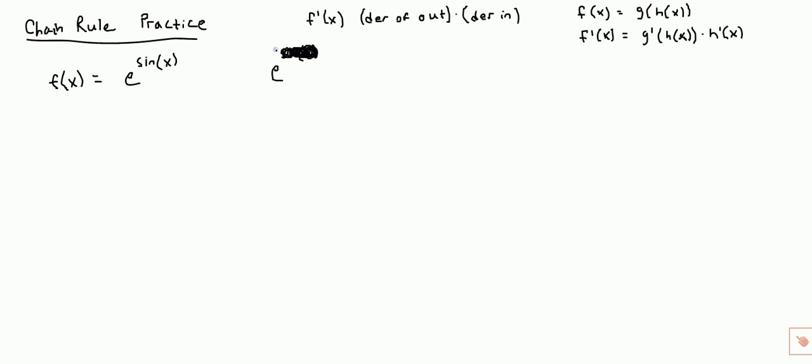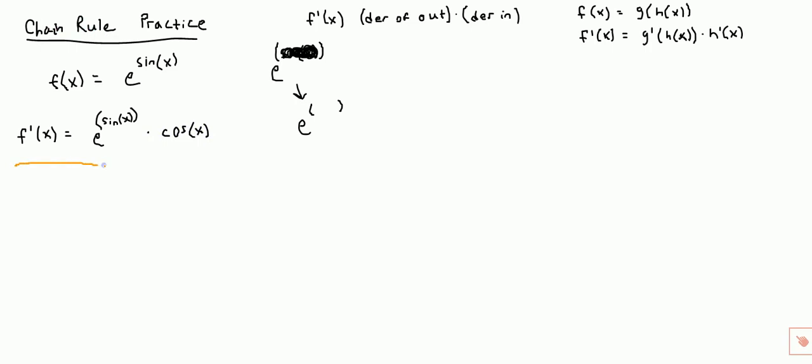Something is there. The derivative of that is e to the something. Okay, so f prime of x is e to the sine of x multiplied by the derivative of the inside. The derivative of sine of x is cosine of x. Okay. That's the answer.